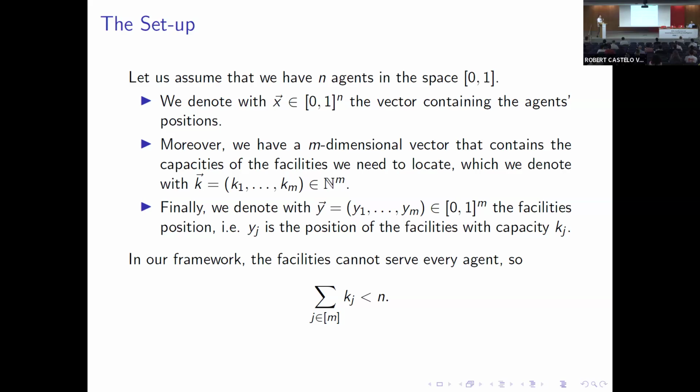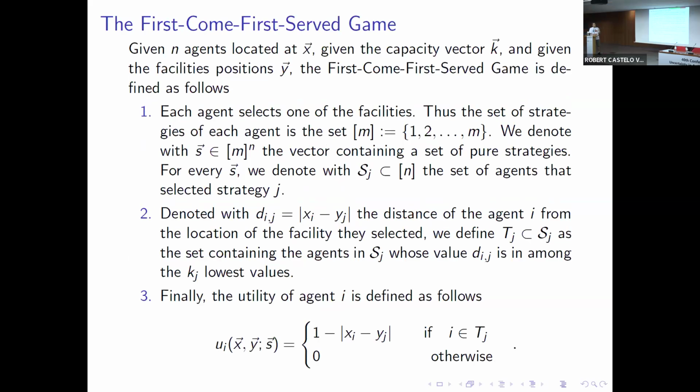In our framework, we are assuming that the number of agents is lower than the total capacity of the facilities, as we said before. So not every agent is going to get allocated to facilities and will not get the service. And as we said before, the way to decide whether an agent gets accommodated or not is that after you open up the positions of the facilities, the agents compete in a first come, first served game. How it works is that every agent selects one of the facilities.